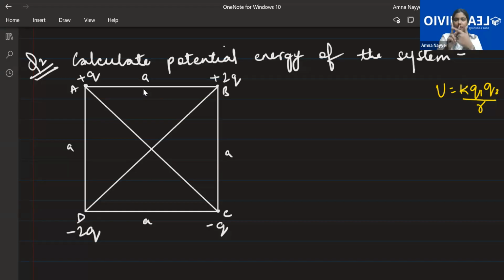Two charges, if they are able to exert force on one another, will make one potential energy. Yes, ma'am. So what do you think is the number of potential energies? Ma'am, if we consider each charge, is it 12?